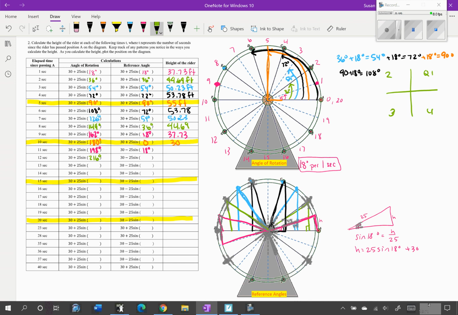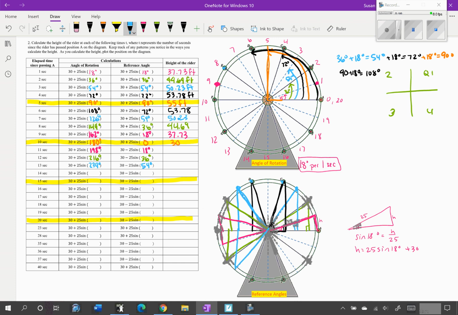And so then the reference angle would be 36 degrees because we would be using this reference angle right here. And for the next one, 216 plus another 18 is 234 degrees. And the reference angle we're using is 54 degrees. And we're going to keep on going. So that would be this triangle here.